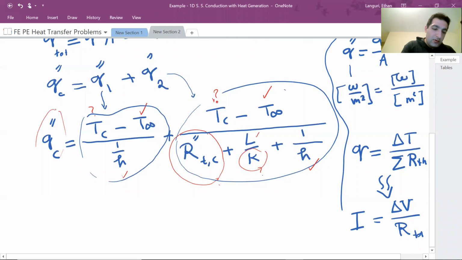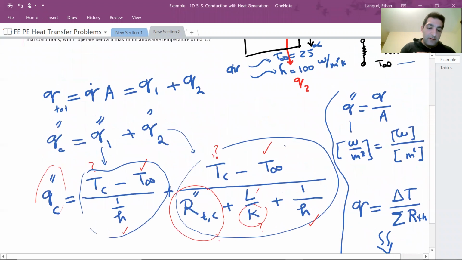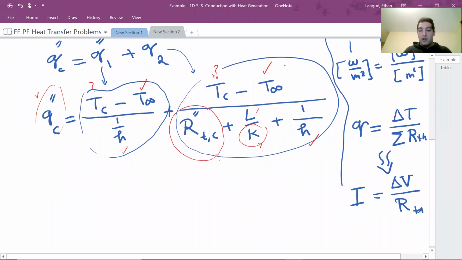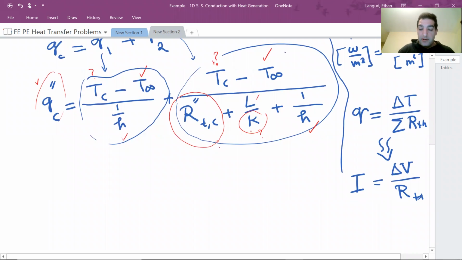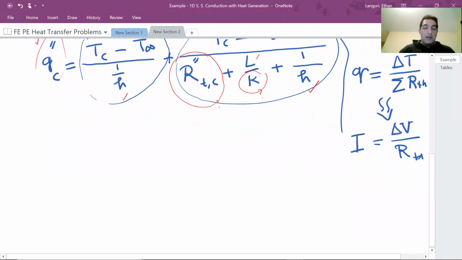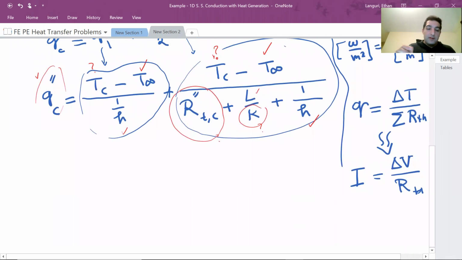And we do know the heat flux generated because it's given as a volumetric heat generation of 10 to the power of 4. So we kind of know this as well. If I know the properties of the material K, and if I know the contact resistance, I should be able to find it. So let's go ahead and try to find those.